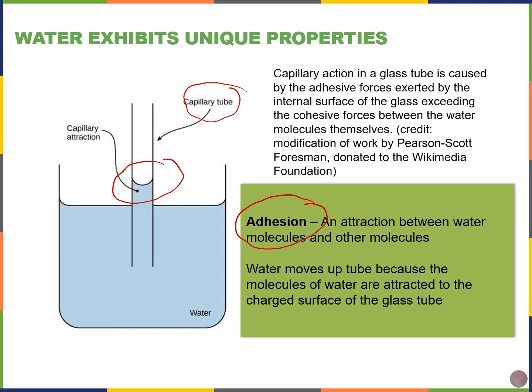And this is because water is actually more attracted to the glass walls of the container than to each other. It's like adhesion wins over cohesion. And you see water moves up the sides of the glass container because of its attraction to that glass.